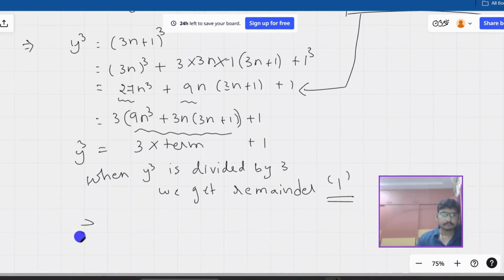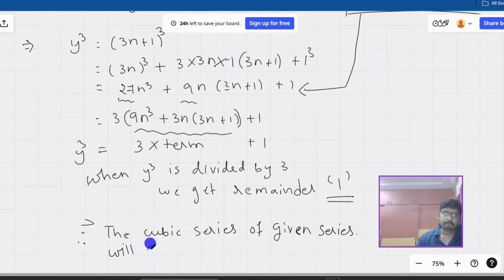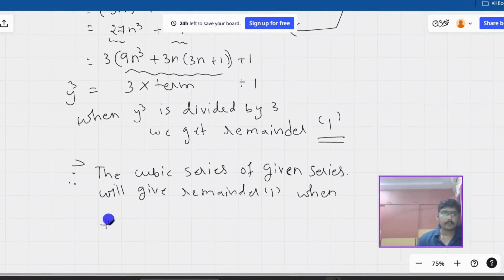Therefore the resultant cubic series of the given series will give remainder 1 when divided by 3.